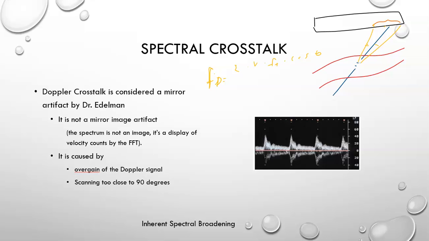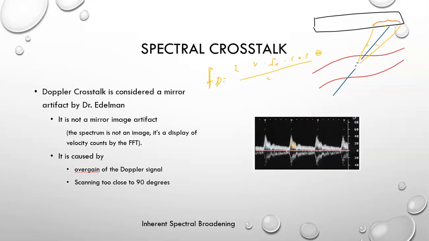This is not drawing out as well as I had imagined it would. So cosine theta divided by the speed of sound. Right, so we've got different thetas for different parts of the sound beam, and that causes a broadening of the spectrum.